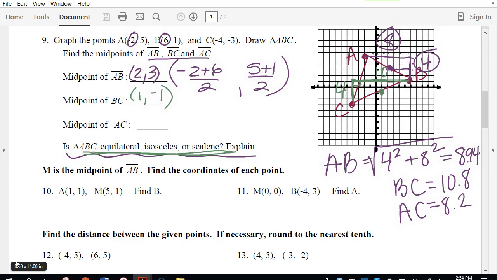We got a different length for each side, so it would be scalene because none of the sides are congruent. We just did the Pythagorean Theorem 3 times in a row. So on the test, I won't ask you midpoint and length all in the same problem. I'll either ask these things or I'll ask whether it's equilateral, isosceles, or scalene. Give me a different problem because that one had a lot going on.